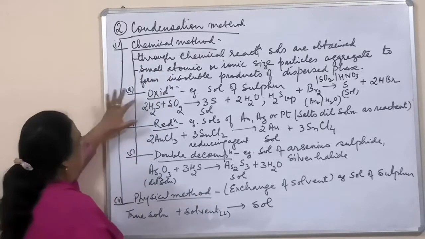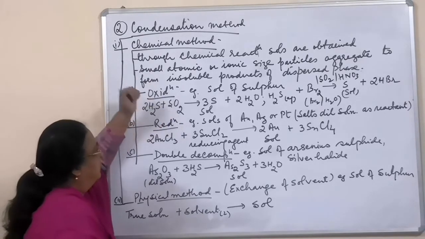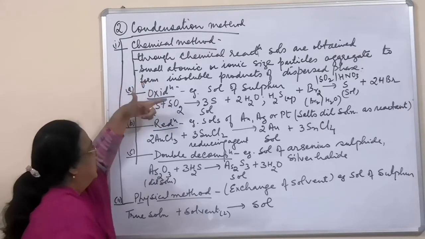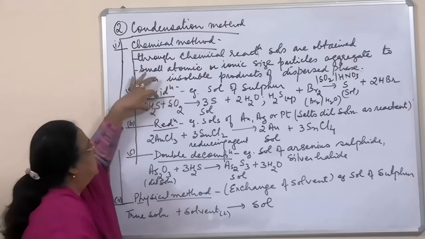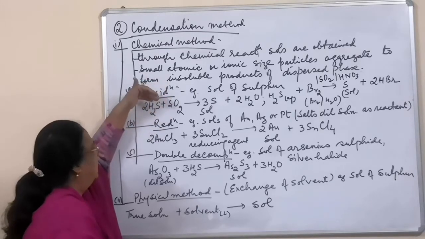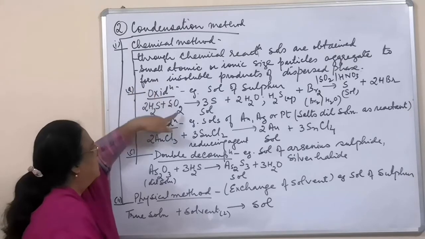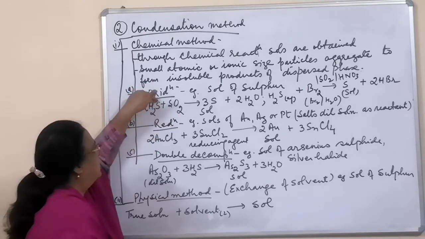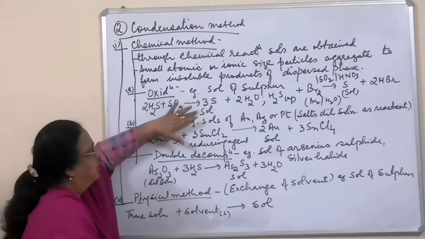The first method used is oxidation. Example, you have to remember the process in which sulfur sol is prepared from these two gases. H2S is a gas, sulfur dioxide is a gas, and these are taken in the aqueous form. So sulfur dioxide is dissolved in H2S, and then your sulfur sol is formed.